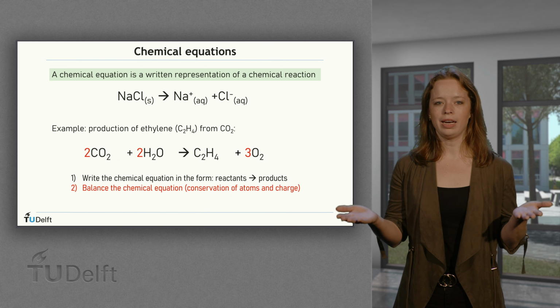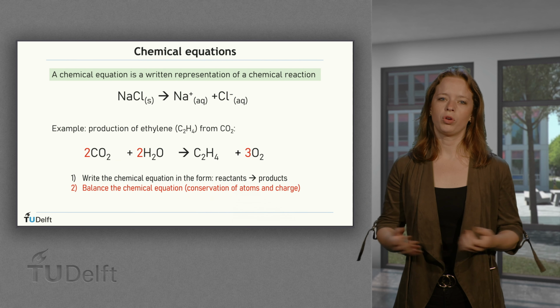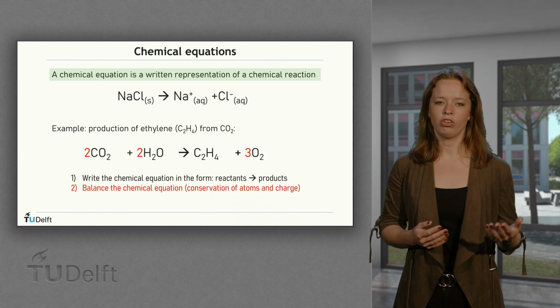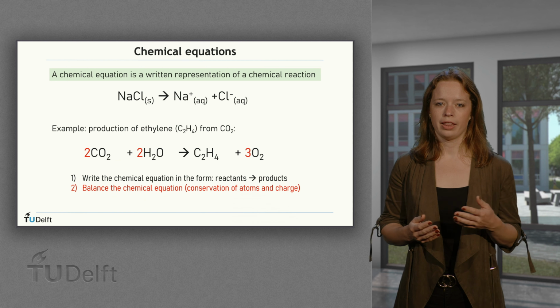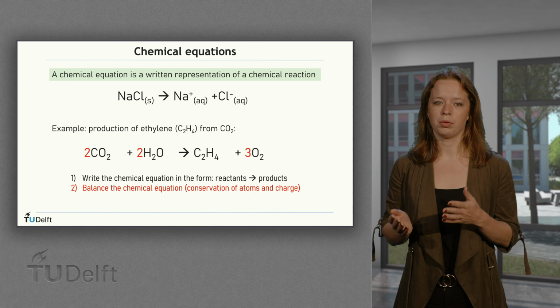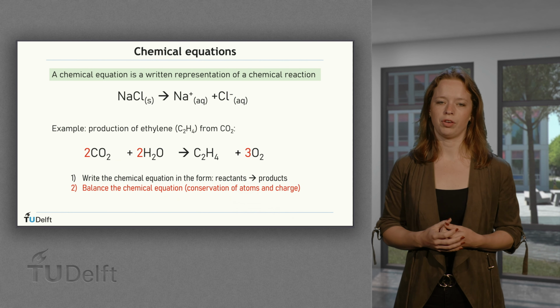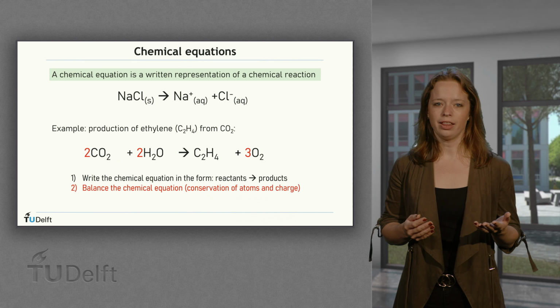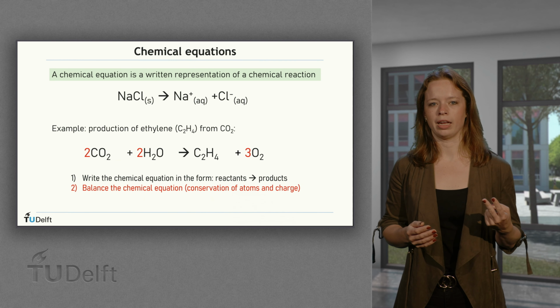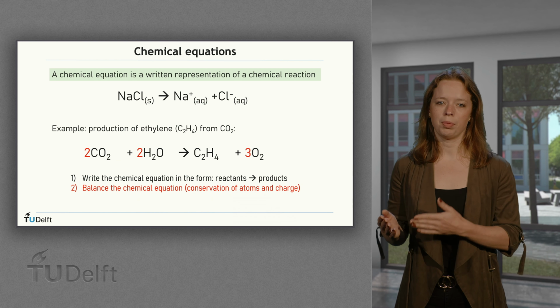Then we need to balance the equation. In every chemical reaction, the number of atoms and charge is conserved. This means that the same number of carbon atoms need to be on the left and right-hand side of the arrow.